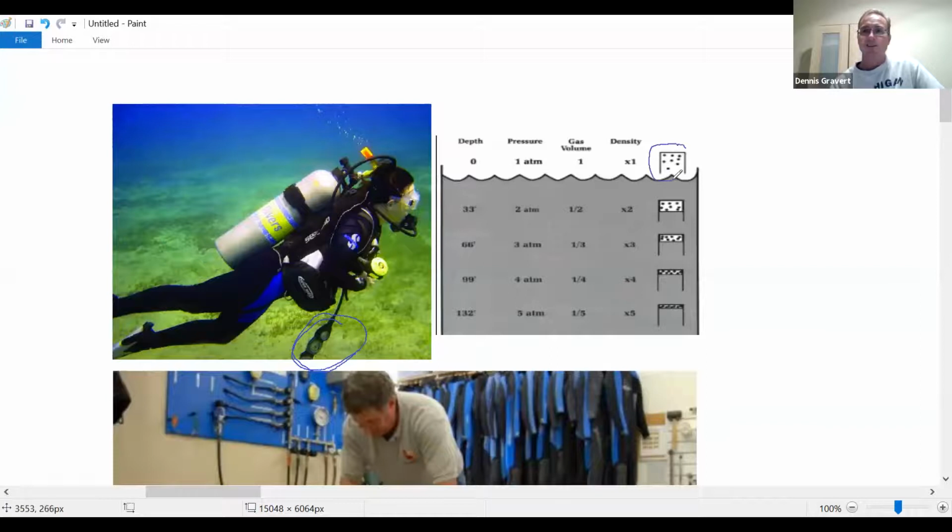As you inhale, the air has to be forced into your lungs under the deep sea, because with the water's pressure, you actually are making the air more dense, right? So here is a volume of air. As you descend, this cup of air, let's say it's an inverted beaker maybe, the water pressure is going to compress that gas as you descend deeper and deeper under greater water pressure. And then as you inhale, you're still going to inhale the same volume, still fill your lungs, but the air is more dense.